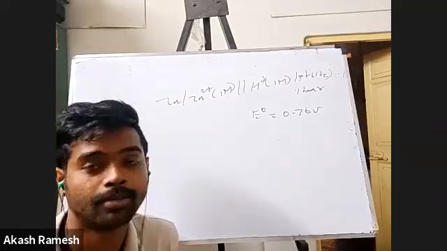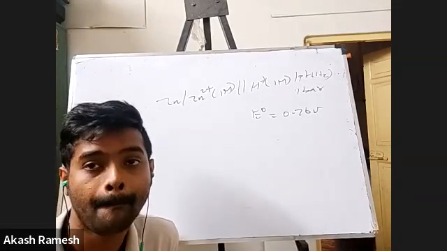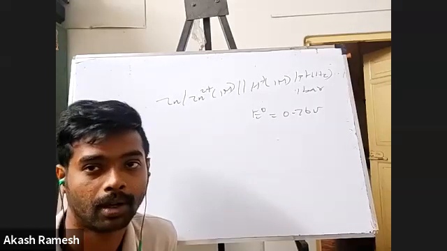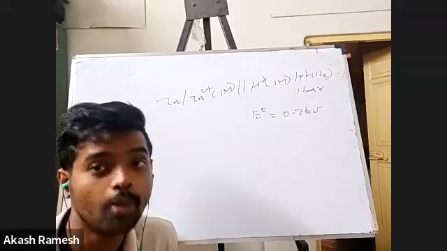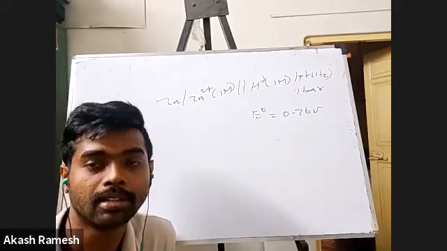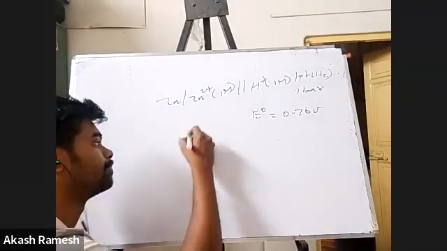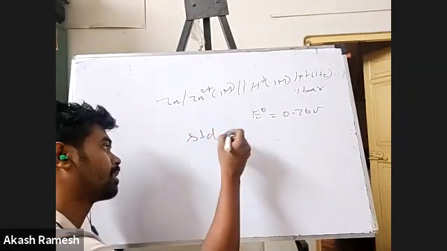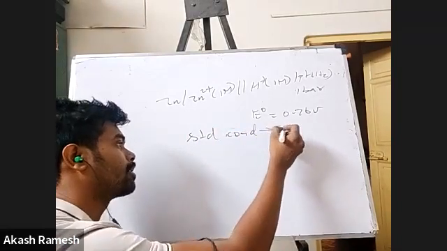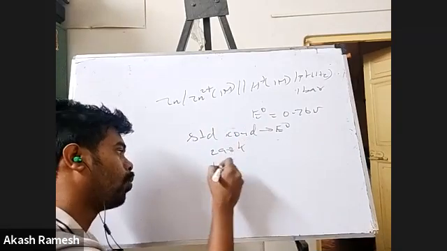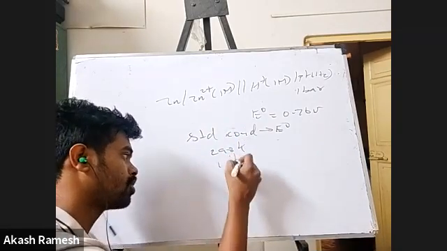It's 298 Kelvin, room temperature, 25 degrees Celsius. So the standard conditions for E naught are 298 Kelvin and one atmospheric pressure.